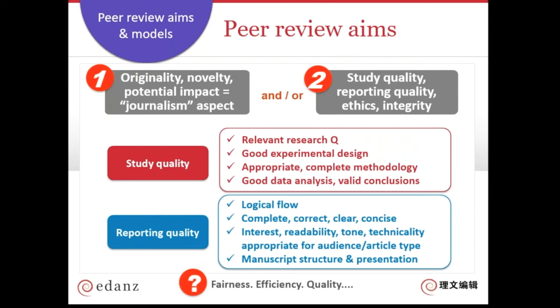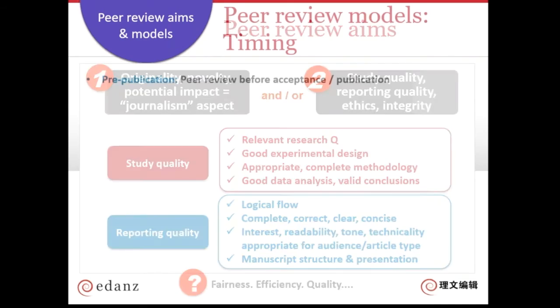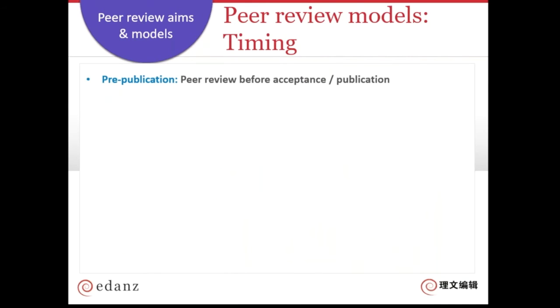Now, the aim of peer review, of course, is to be fair and efficient and to have high-quality peer review reports and to improve the quality of the work that the journal publishes. And that helps with the quality of the scientific research archive. So there's different ways to do this. Different journals have slightly different variations. There's one version called pre-publication peer review.